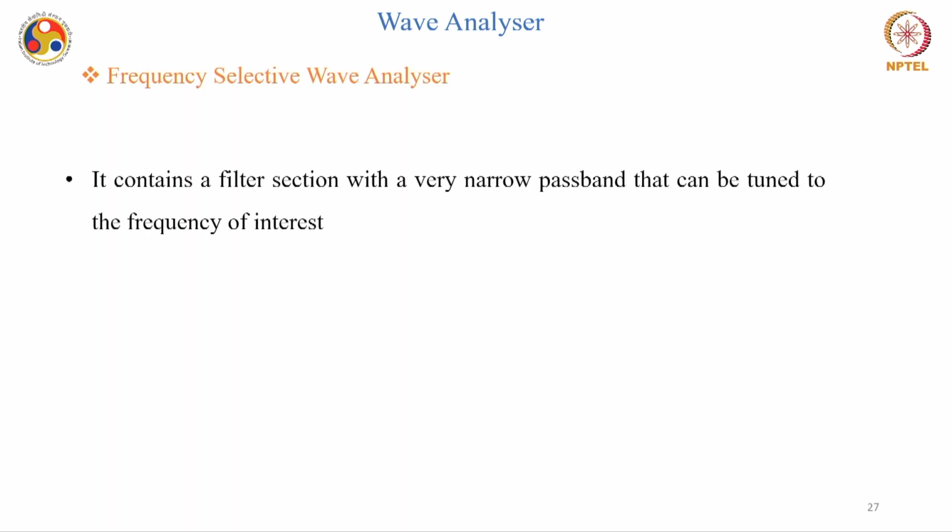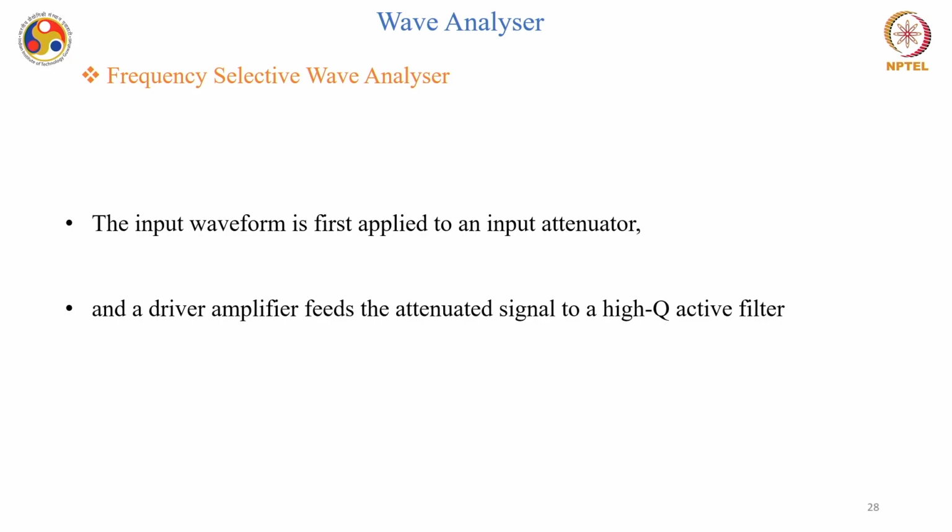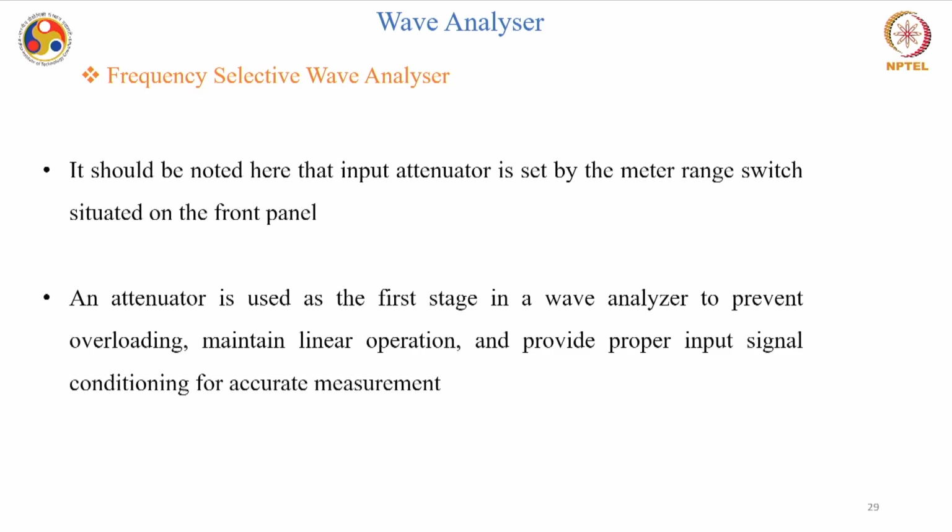Now, the frequency selective wave analyzer contains a filter section with a very narrow pass band that can be tuned to the frequency of interest. The input waveform is applied to the input attenuator, and a driver amplifier feeds the attenuated signal to a high quality factor active filter. It should be noted here that the input attenuator is set by the meter range switch, which is situated at the front panel, meaning that it is a user control.